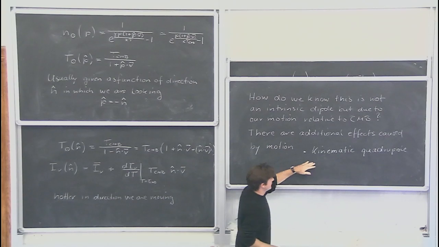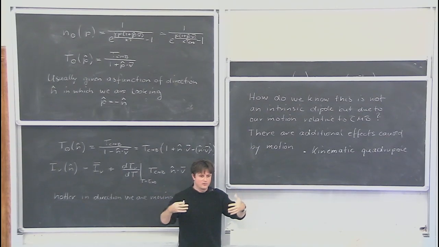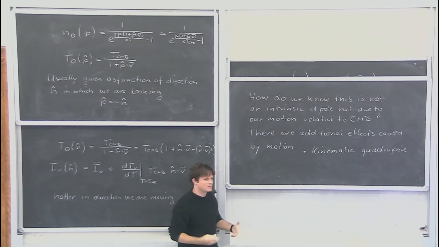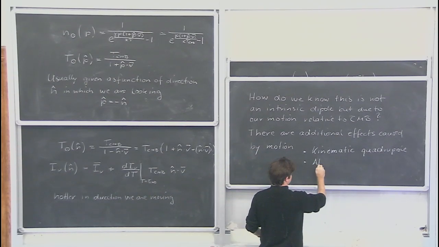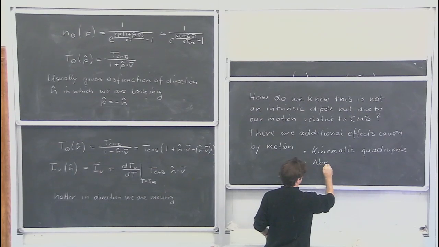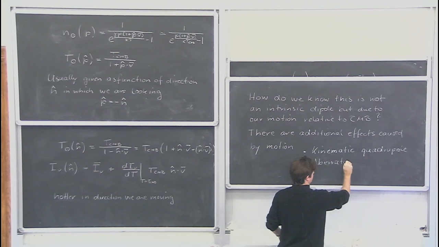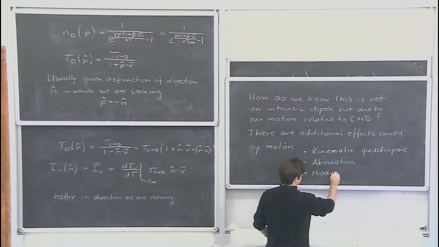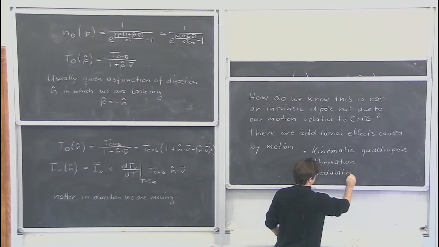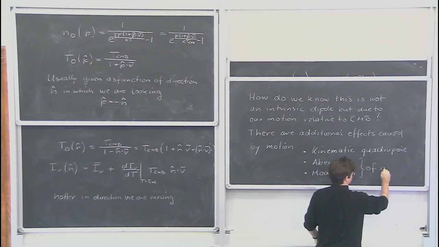And then, so far here we're only taking into account the monopole of the CMB and the effect of the motion on the monopole, but there are also effects on the anisotropies. So there's aberration and modulation of the CMB anisotropies.